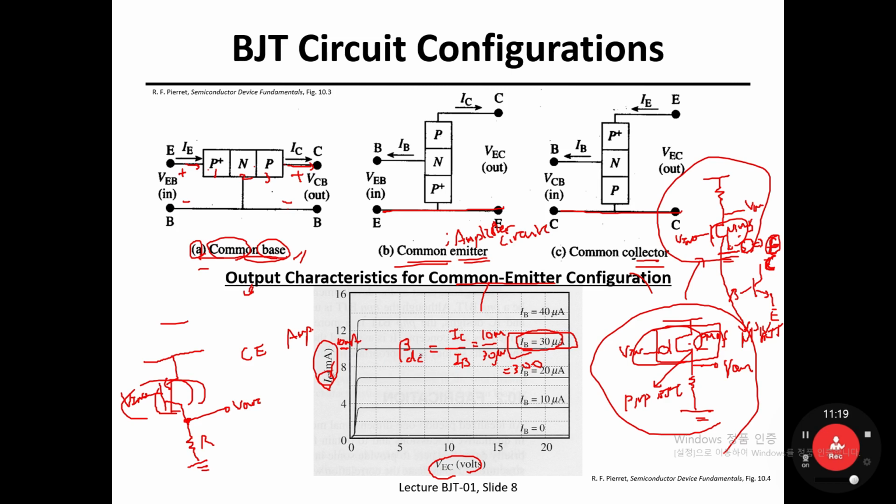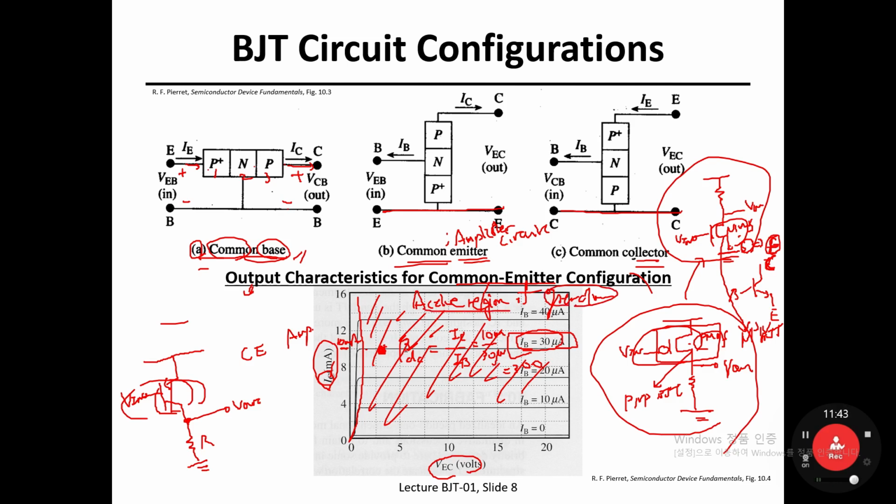The biasing point, or working point, would be chosen in the active region of operation.